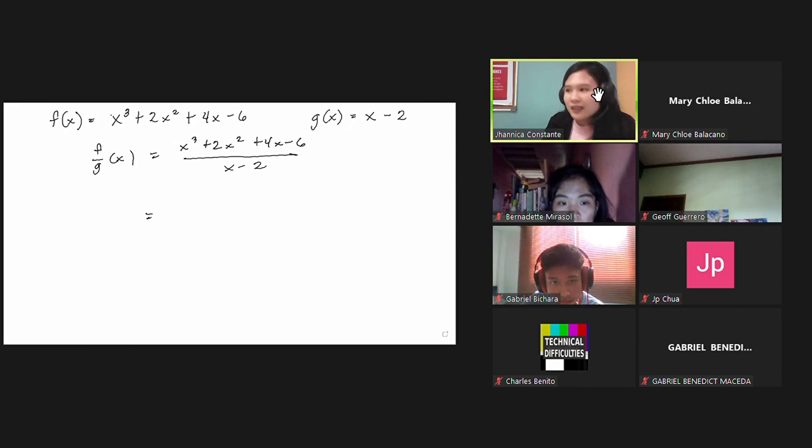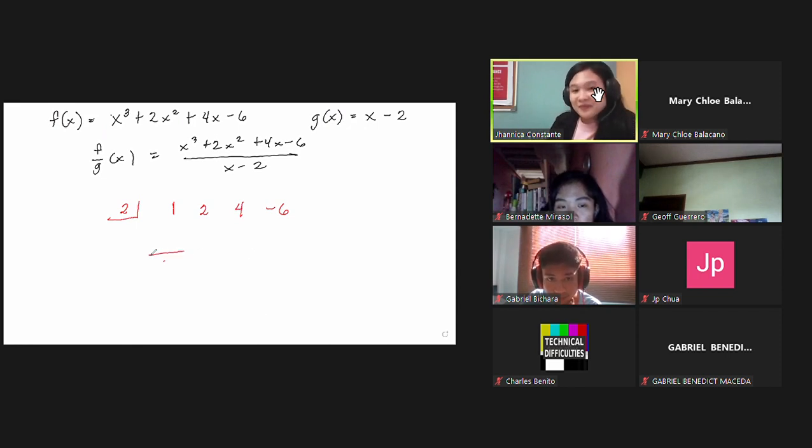So get the coefficient of each term that we have in the f of x function. You have 1, 2, positive 4, and negative 6. That's the coefficients and the constant number that we have in our function, divided by positive 2. Is it correct?